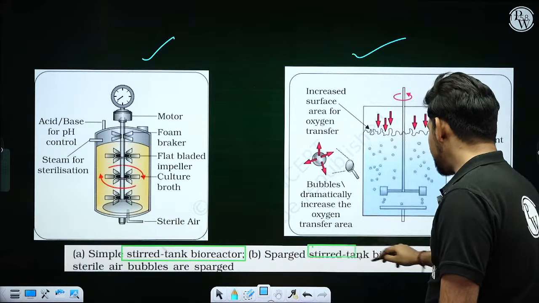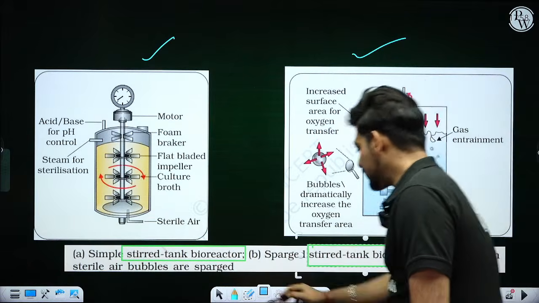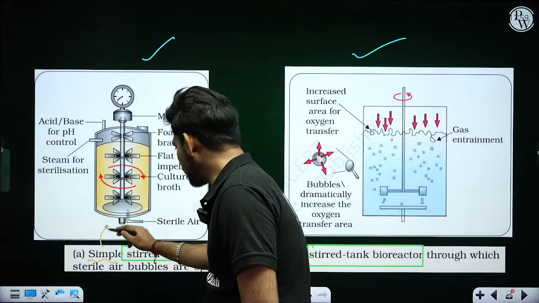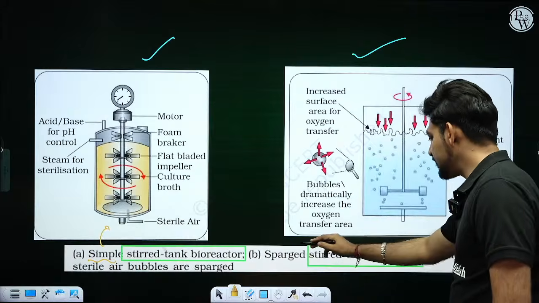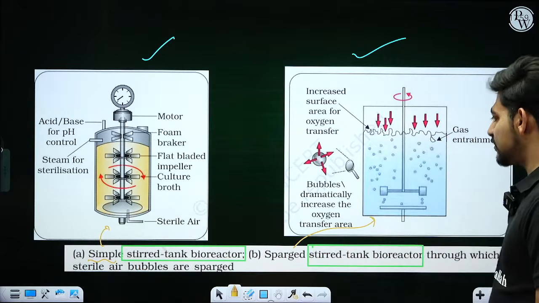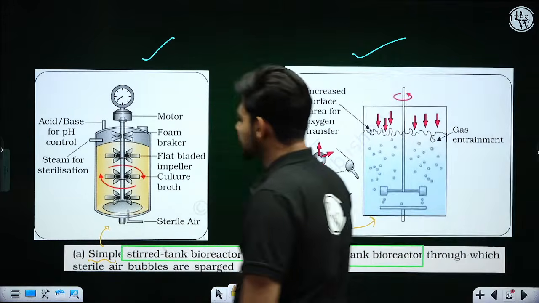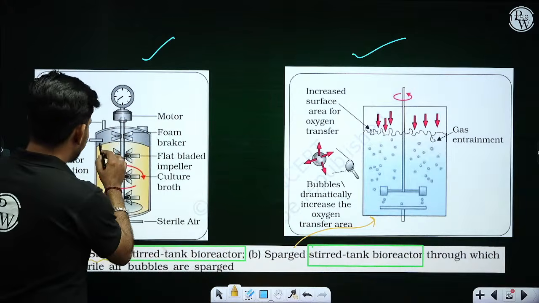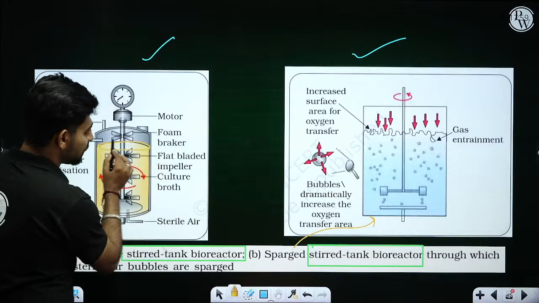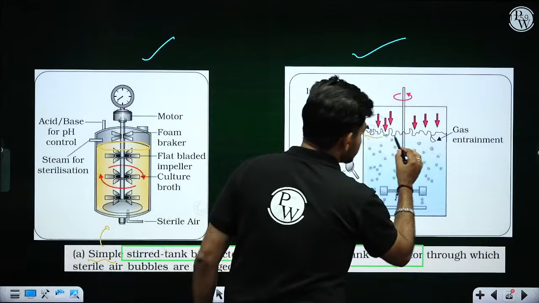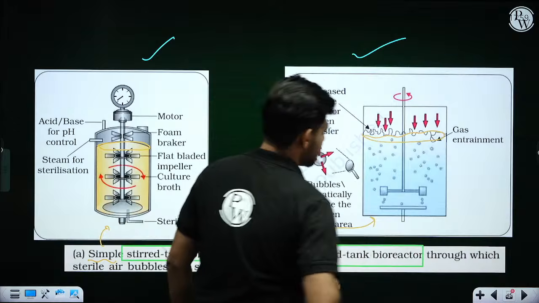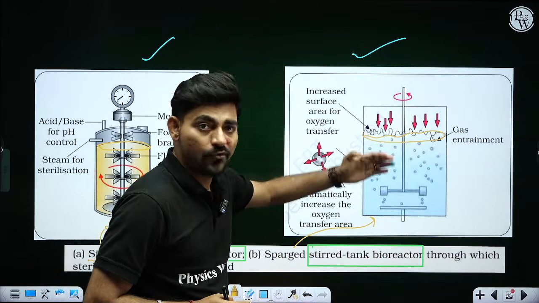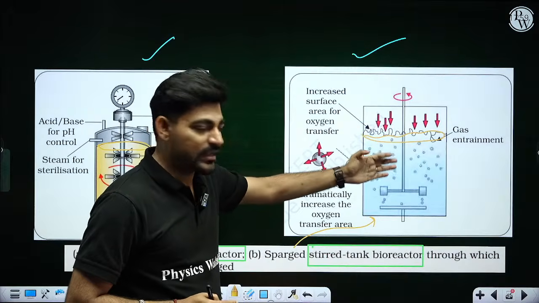Both are stirred tank bioreactors, but the first one is the simple stirred tank bioreactor, and the second one is the sparged stirred tank bioreactor. Now, what do you mean by stirred tank bioreactor? See, you are keeping culture media inside the tanks, along with the growing host cells, to obtain the product.